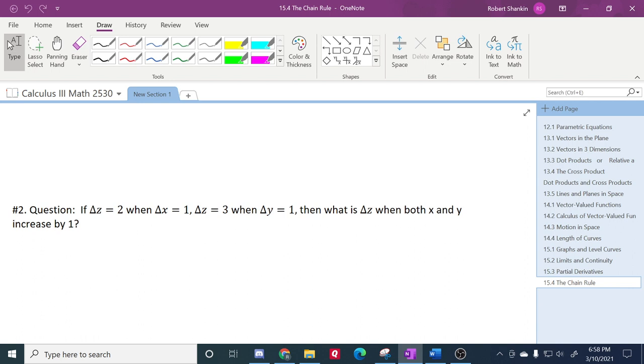All right, group 2, what do you have? I thought, and Matt both thought, that the change in z would be 5 because we are adding the changes.